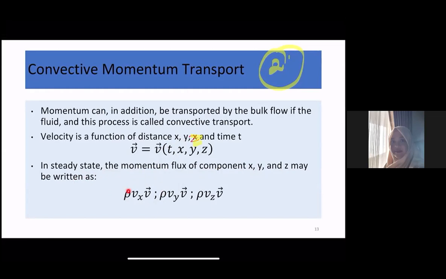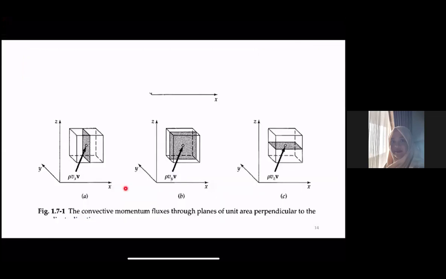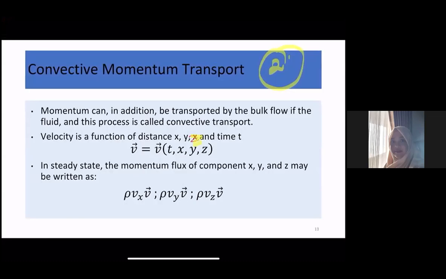It is written with rho, and rho is actually based on this one. Because the momentum is m multiplied with v, and m is actually rho, the density, multiplied with the volume.